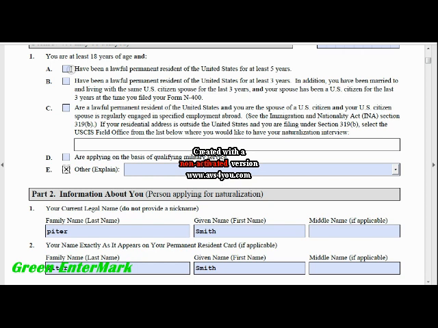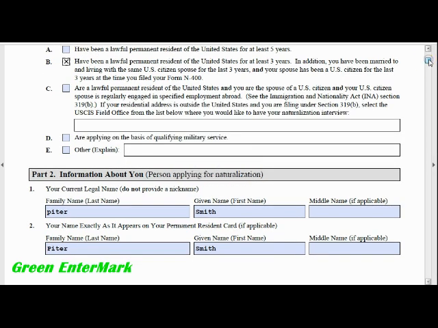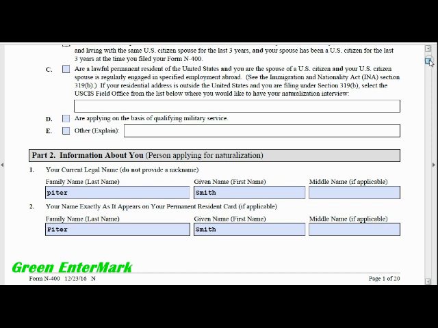But normally these two bases are the ones on which a permanent resident card holder applies for citizenship.